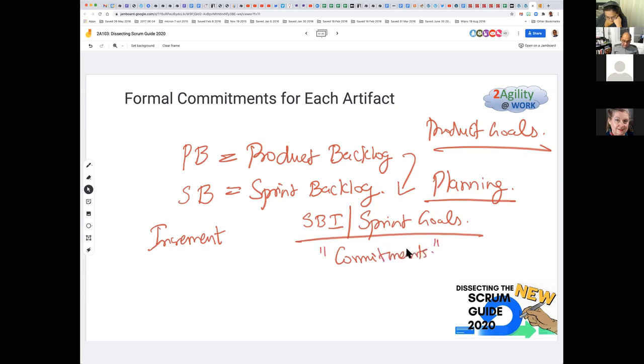And then at the end of the sprint, we look at the increment. The increment is at the quality of the definition of done, whatever we said the standards were to which we will deliver it. And then the inspection of whether the commitment has been met happens in the sprint review.